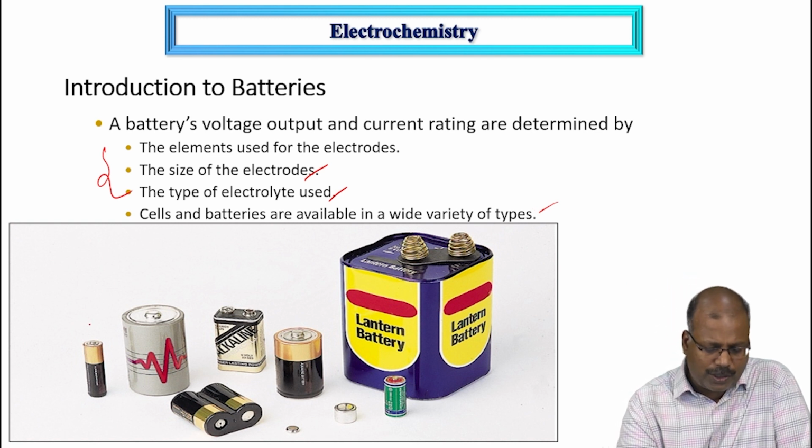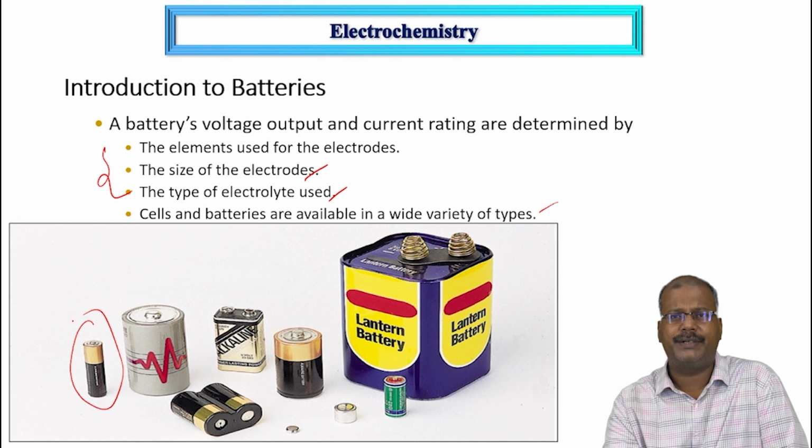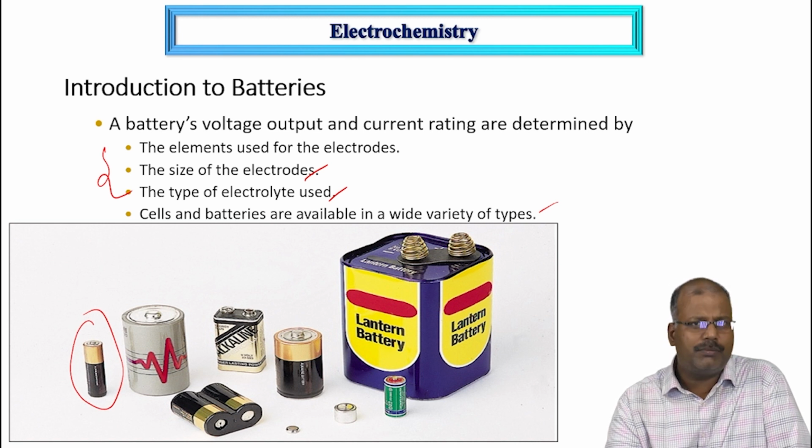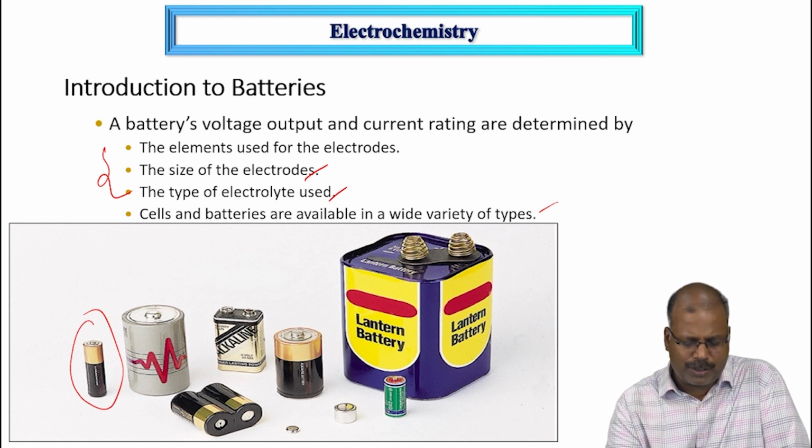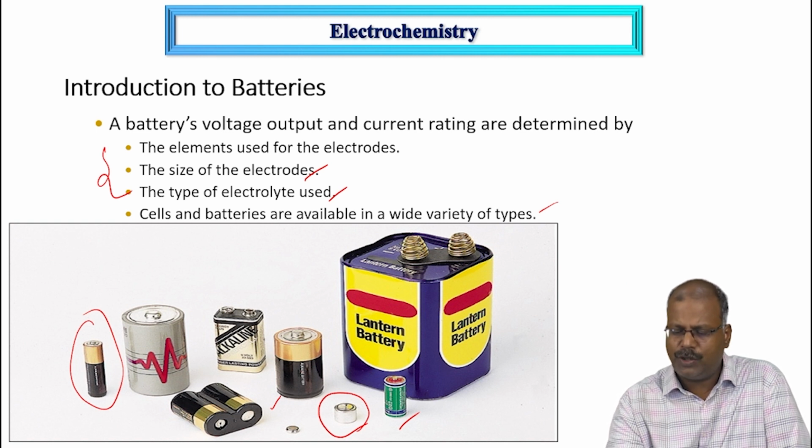For example, these are the batteries we have regularly seen, used in our remotes and in many normal uses. This type is a button cell and this is a cylindrical type. We have normally seen A type, AA type, AAA type.